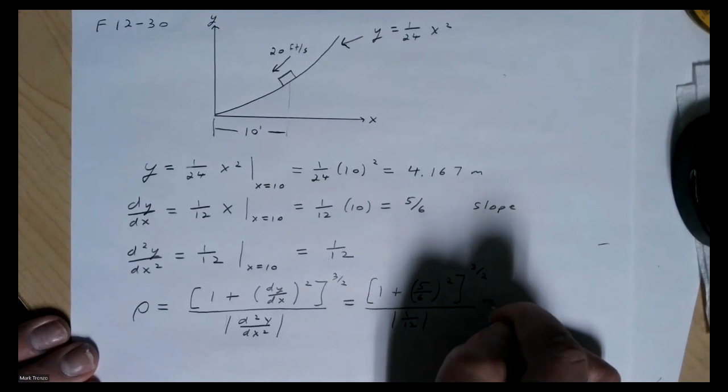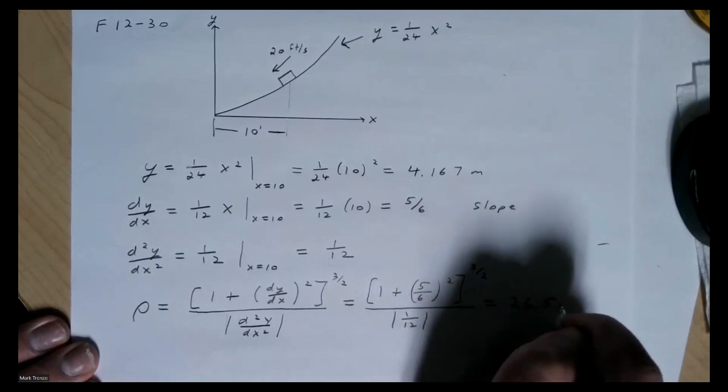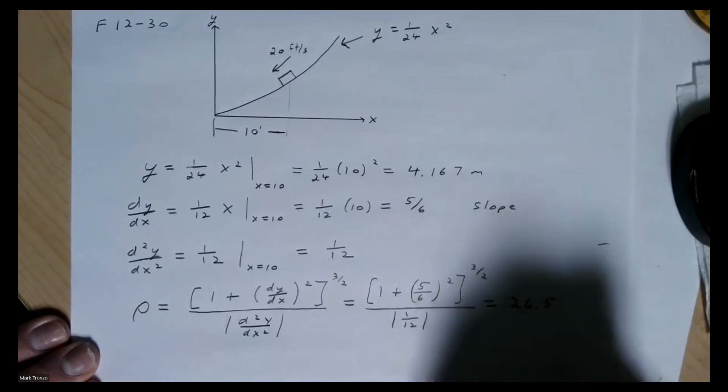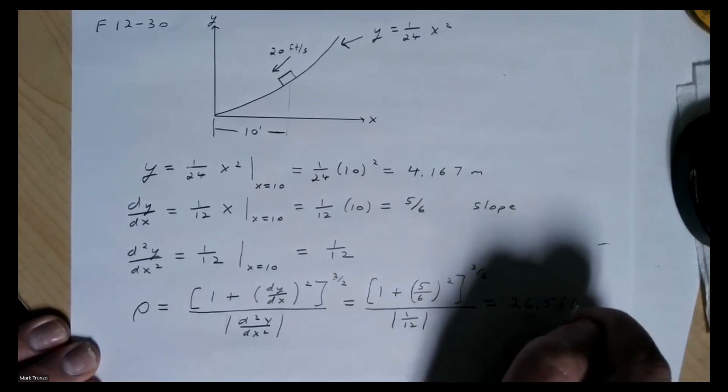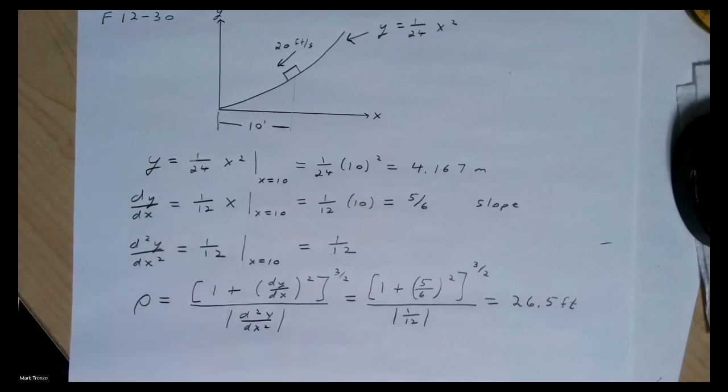And when you put all that in your calculator, you get 26.5. And we're working in feet. And so that's our radius of curvature.